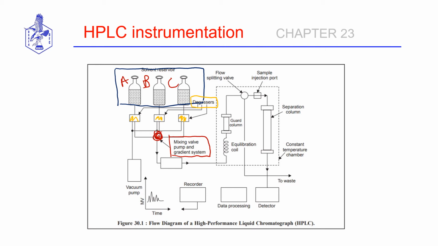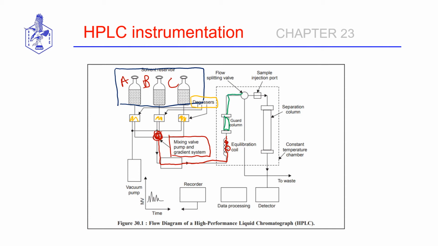And then we have to have our pump, which is going to apply the high pressure and push that solvent down through an equilibration coil. Okay, we don't want it to have a pulsating flow, so we want that to come out smooth, the pressure to be consistent. We have to protect our expensive column, so we always have a guard column to trap any solid particulates or any other materials that are too big to go onto our column.